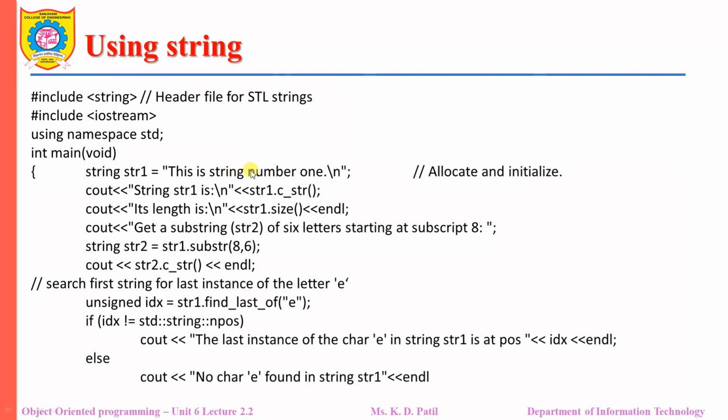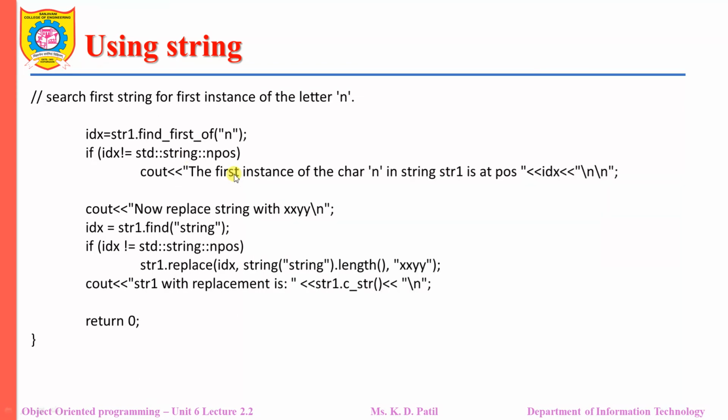Okay, the substring is here, but the first instance of N is here, so I will get the position here as 12, which is available in the word string. I don't want the word, but I want the character, so I will get the output here, that is the 12th index, and the first instance of that character N is at index 12.